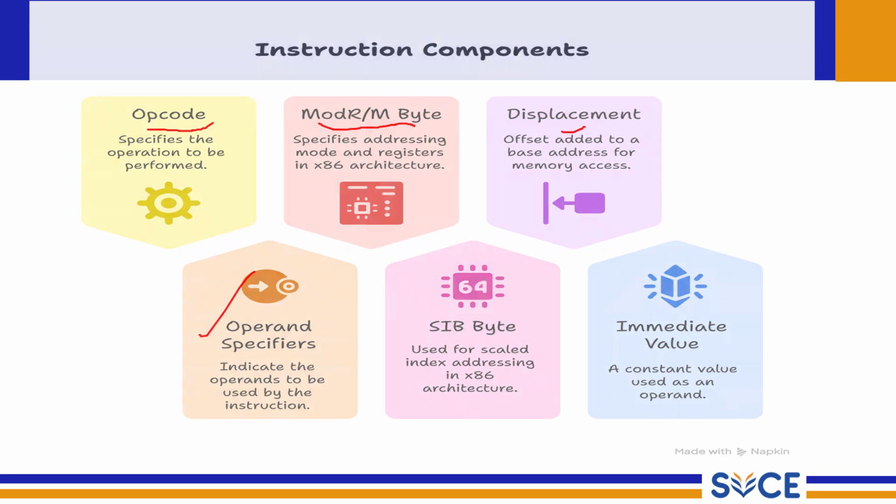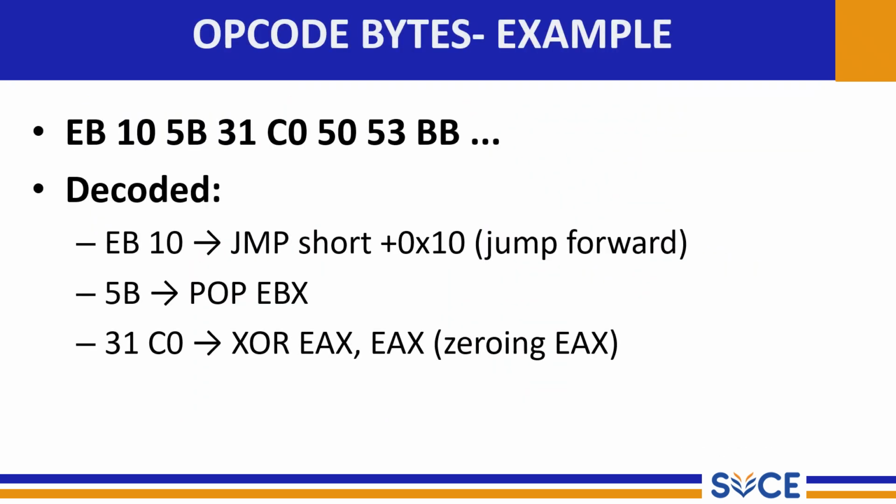And next, opcode bytes, a small example. Here you could see hex terms, which are ultimately the code bytes you get while you are decoding. Analysts often look at hex stubs or assembly to see patterns.